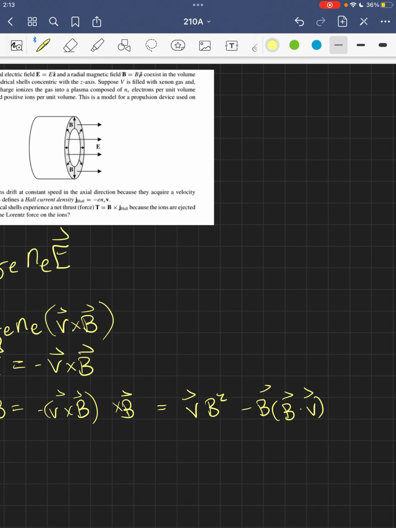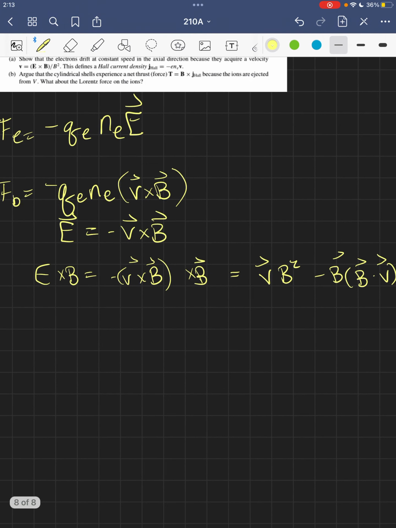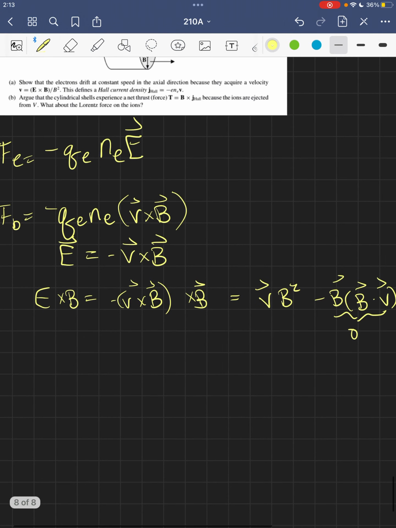Now we can solve for V, because this term here is 0. By definition, we're saying the velocity is not in the direction of B, so that term is 0. Now we can just solve for V.